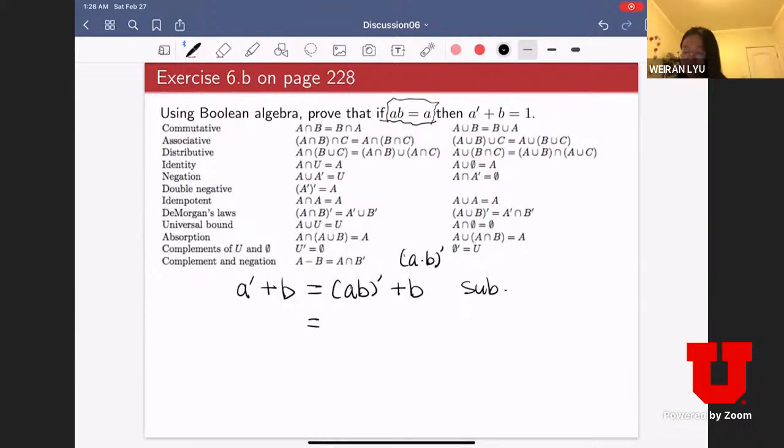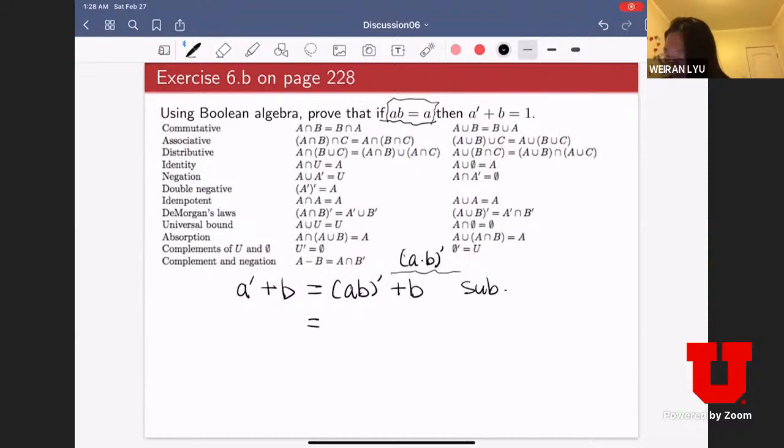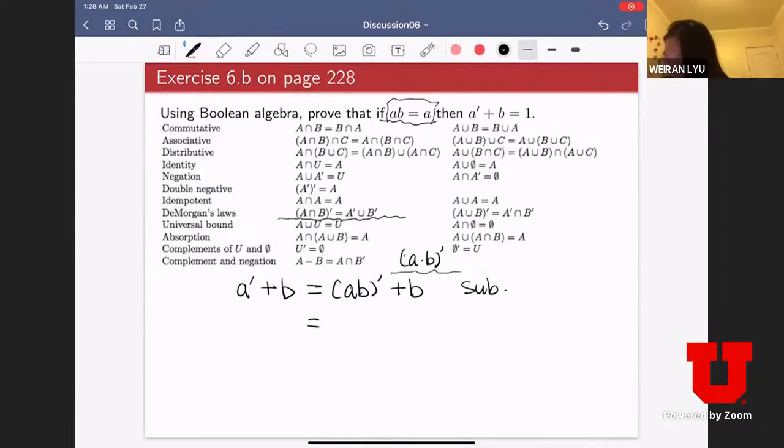And what can we do next if we have something like this? You can use De Morgan's law to turn it into A naught plus B naught. Exactly. So that becomes A naught plus B naught, and plus B. That's De Morgan.